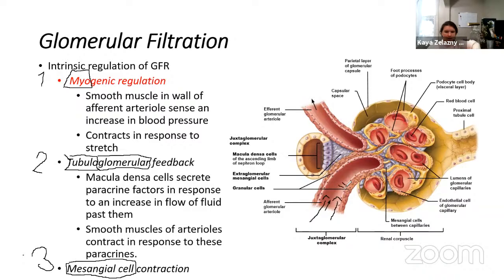By blood pushing out on capillary walls, which we talked about when we talked about Starling's forces, but that's really just what blood does to walls of vessels, right? So increases in blood pressure create an increase in that force pushing the walls of arteriole out. And that is what is stretching the muscle surrounding the arteriole, right?